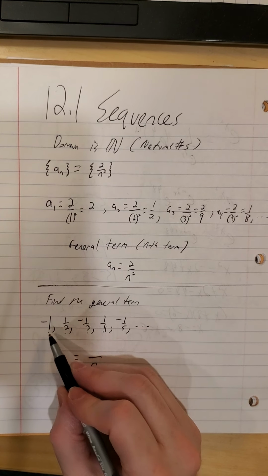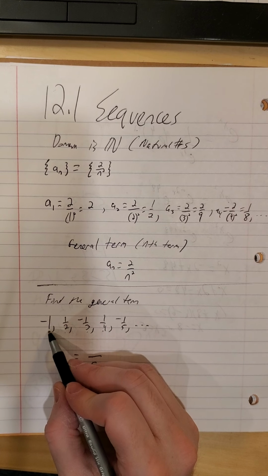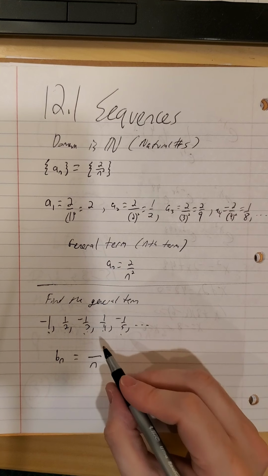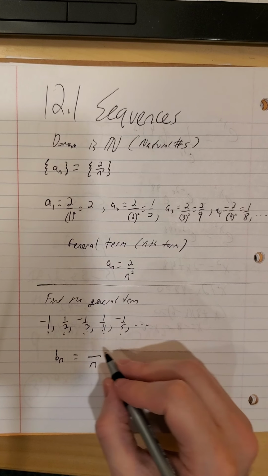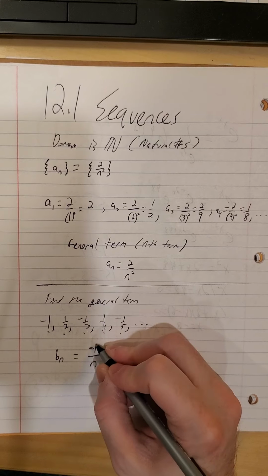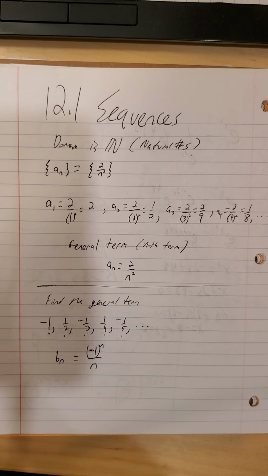So notice all of our odd indices, first term, third term, fifth term, etc., are going to be negative. Even indices, 2, 4, etc., are going to be positive. That sounds like -1 to a power, specifically to the n.